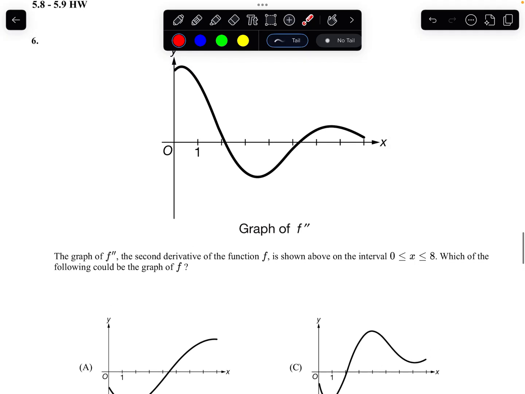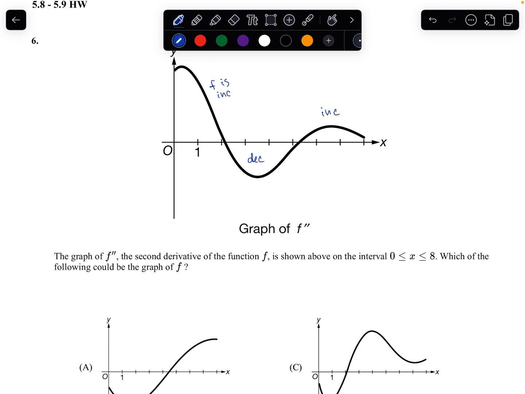I'm going to use the same kind of tactic as I did before. I'm noticing here that the graph of f prime is positive. If f prime is positive, that means that f is increasing, then we have decreasing, then f is increasing.